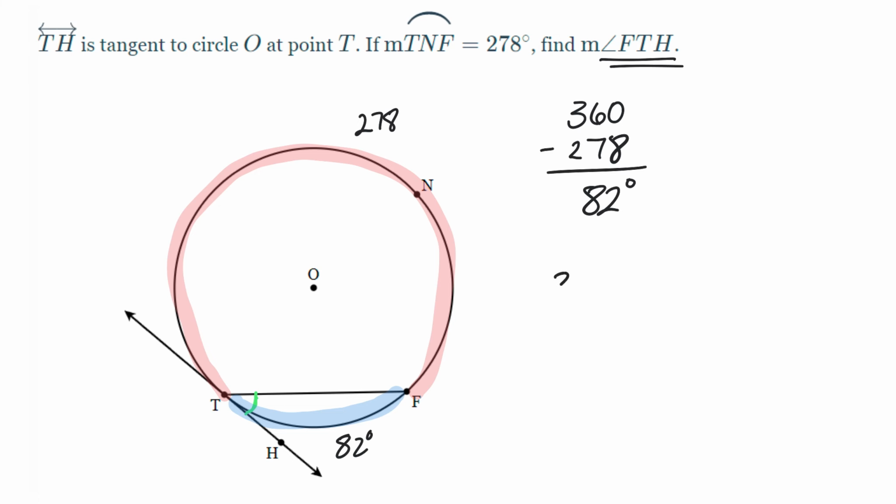And this angle that is created, in this case, that's the measure of angle FTH, the one we're looking for, is half of that amount. So I could multiply this times 2. It would take 2 of these to make one of those.